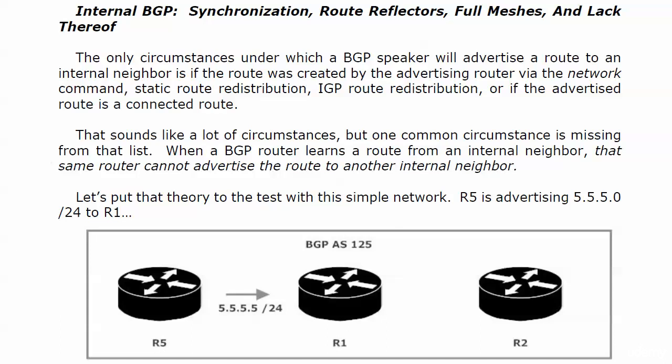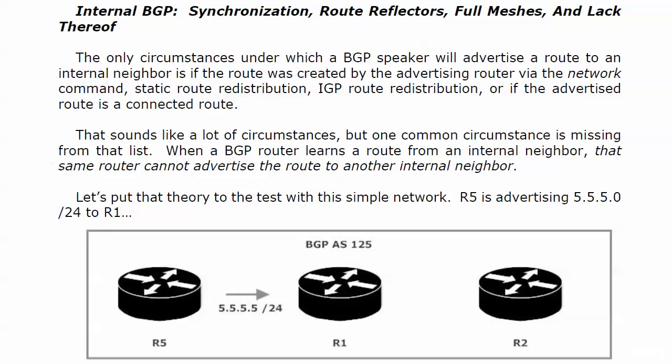Now, a BGP speaker is going to advertise a route to an internal neighbor under certain circumstances, not all circumstances. If that route was created by the router that's going to do the advertising via the network command, no problem. If the route was learned via static route redistribution or IGP route redistribution, or if the advertised route is a directly connected route, then a BGP speaker will advertise it to an internal neighbor.